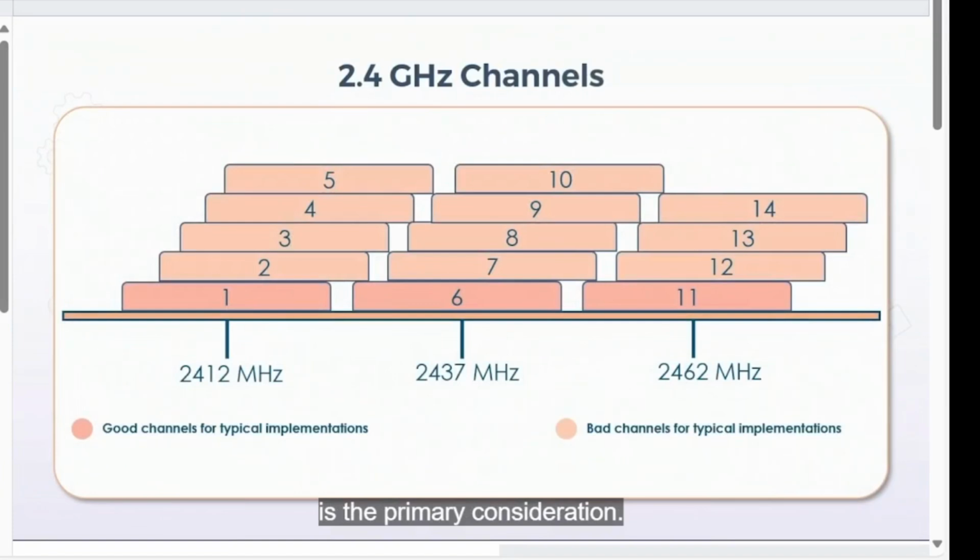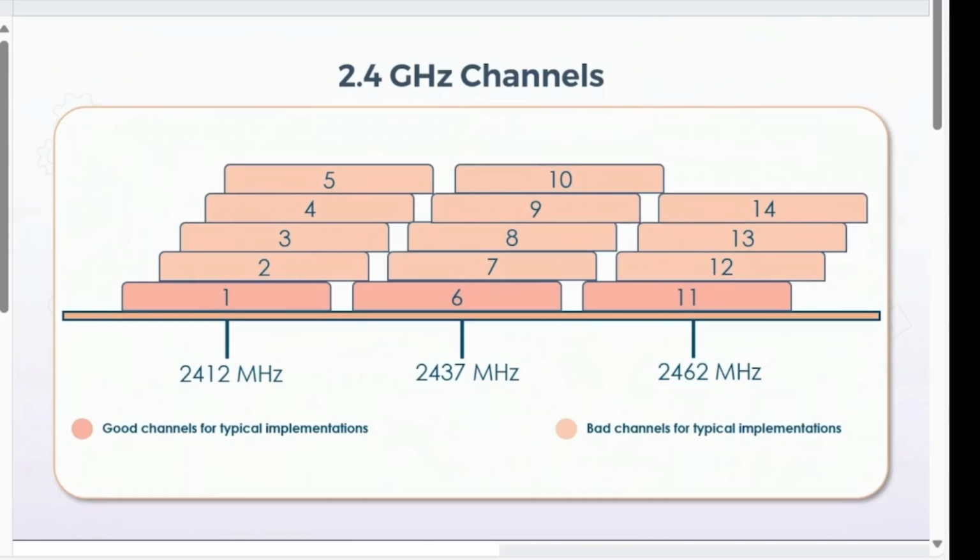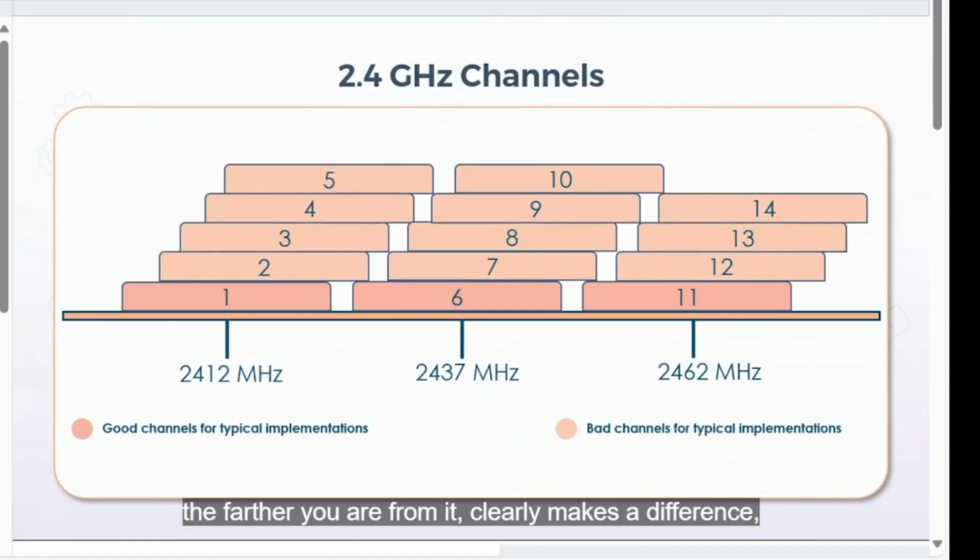Now, since the range of frequencies used goes from 2401 to 2495, and because there are 14 channels, a little bit of arithmetic would tell you that 2495 minus 2401 equals 94, divided by 14 channels equals approximately 6.7. Okay?